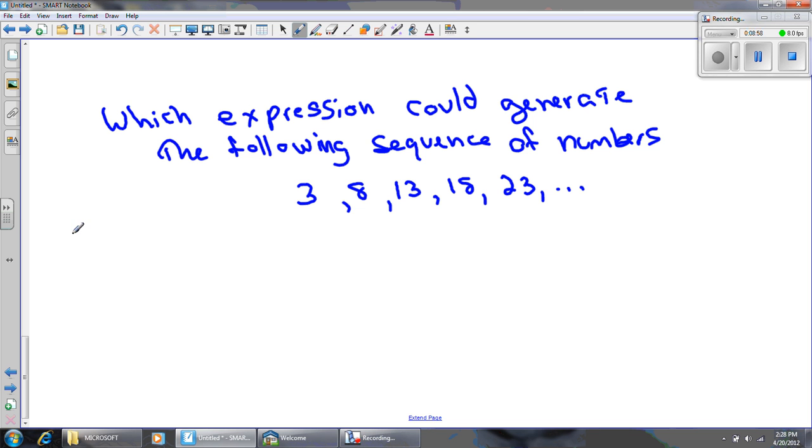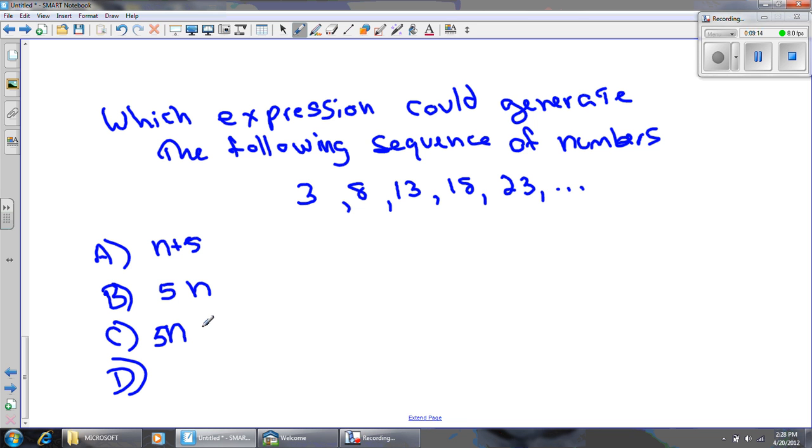Okay, and they'll have 4 choices. A lot of times these are multiple choice type questions. And the first choice will say n plus 5. The next one will say 5n. The next one will say 5n minus 2.